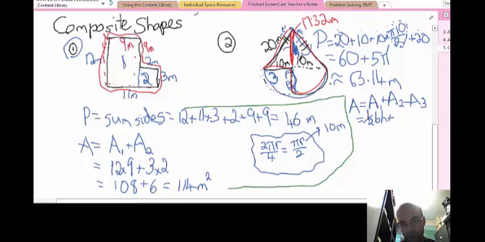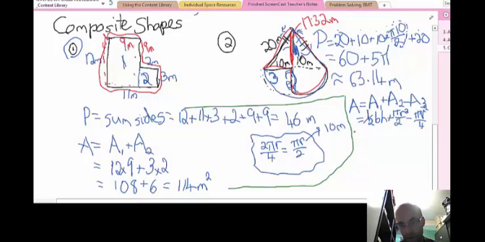Area 2 is a semicircle. So the area of a circle is pi r squared. This is pi r squared over 2. Now we're minusing a quarter of a circle, which is pi r squared over 4.